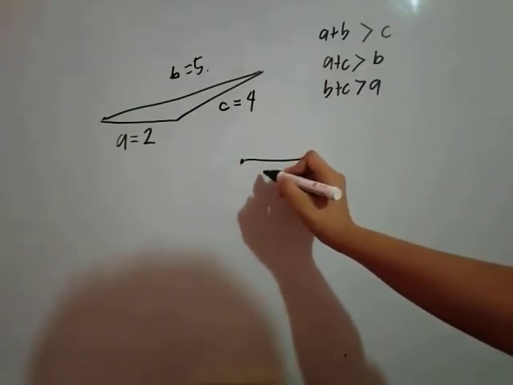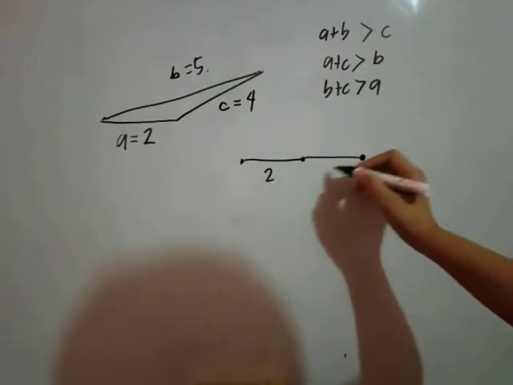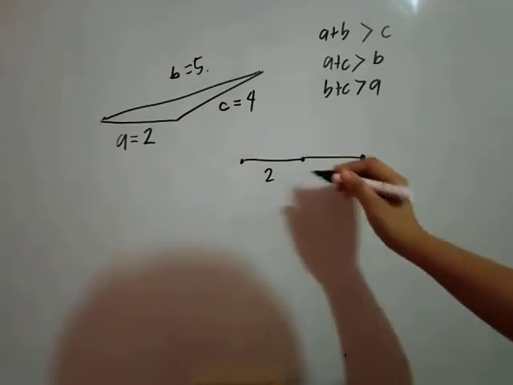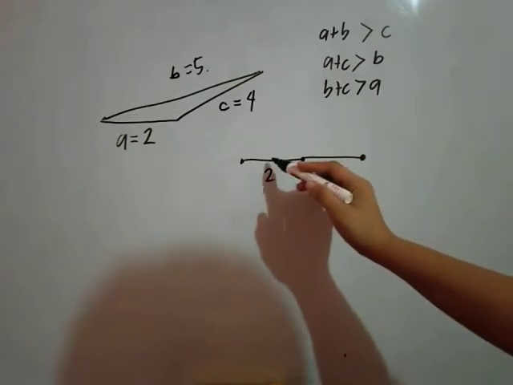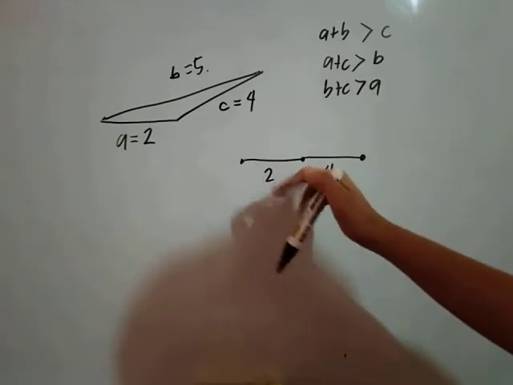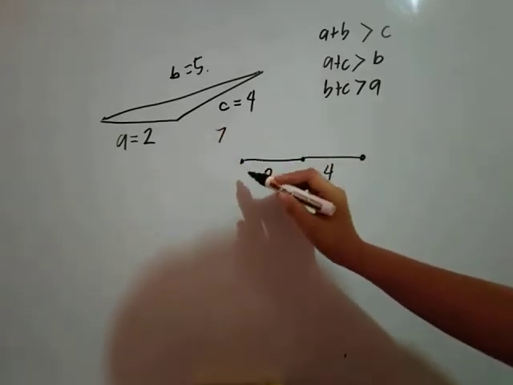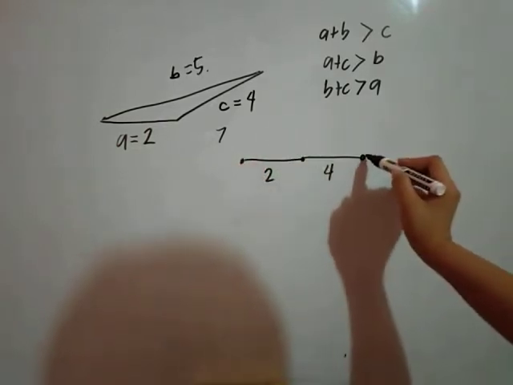Halimbawa, di ba ito si A, 2. So, dinugtong ko dito si pangalawang side, si C, which is 4. So, kung ang value ng B natin is mas mataas pa dito, let's say 7. So, pag na-form tayo ng triangle, i-connect lang natin yung dalawang end dun sa dulo.